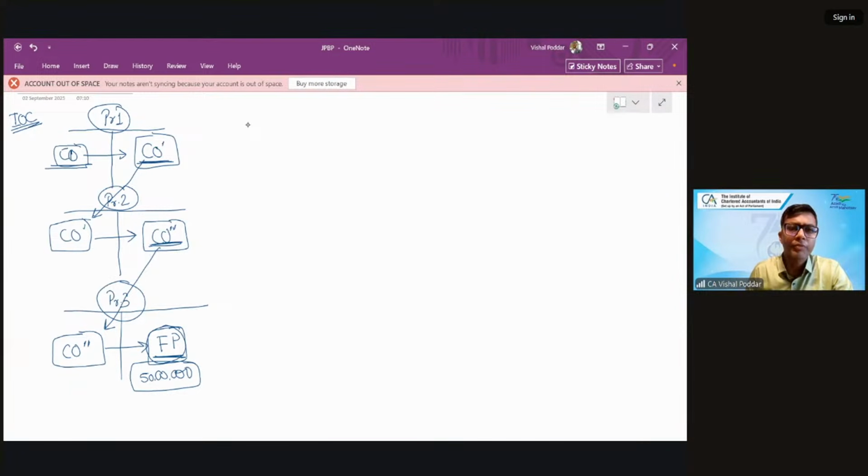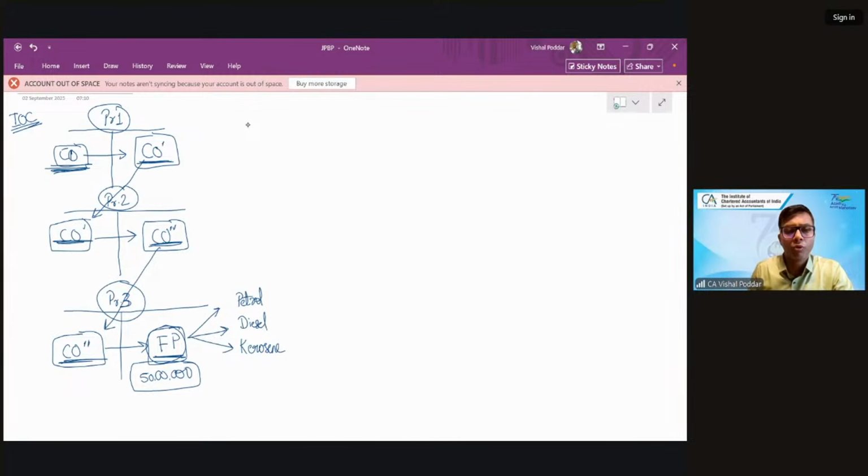Many times, this final product is not a single item. In fact, what you get as final product is 3 items. Till now, it was crude oil in all processes. But in process 3, this crude oil gets broken up into your final products, which are petrol, diesel, and kerosene.